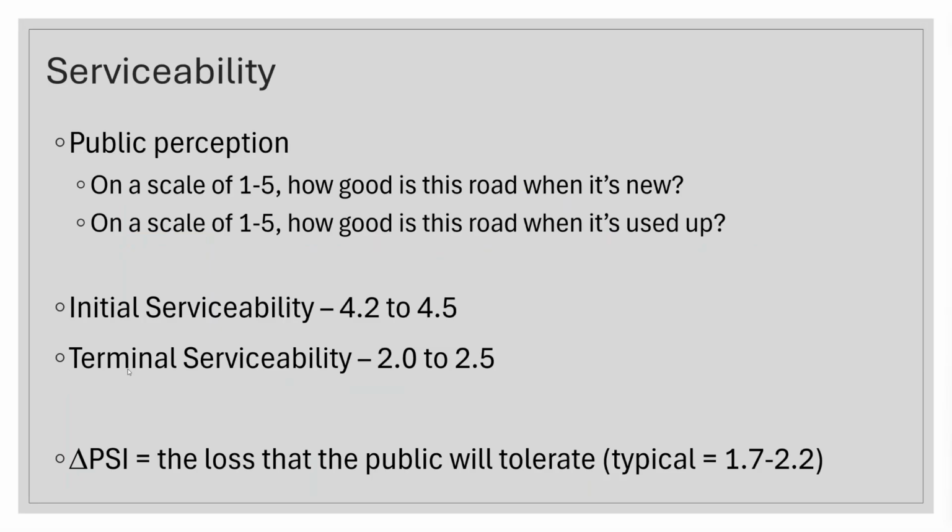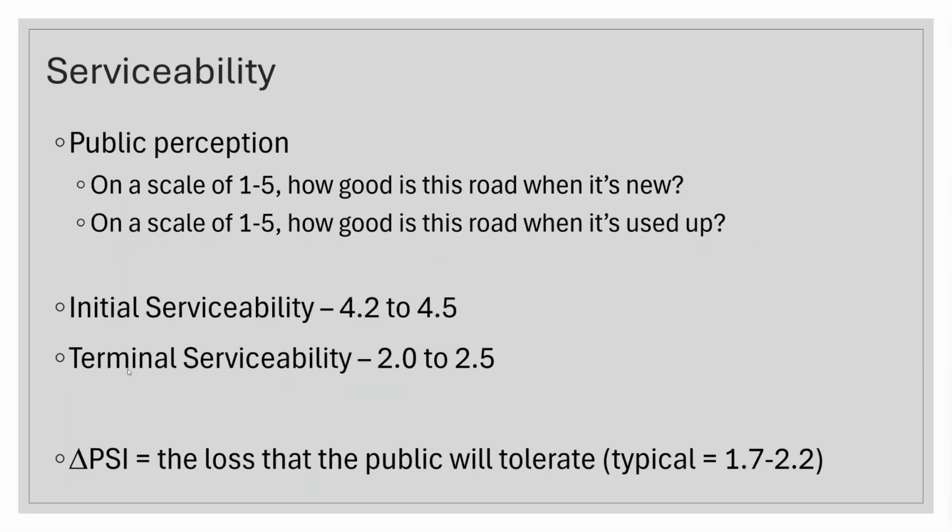But then if we did the same thing at the end of the pavement's life and we had people drive down it and asked, what do you think? What would you score? If you were to tie a number to the condition where folks are like, this has got to be fixed. It's bad. It's dead. It's over with. We need a new road.